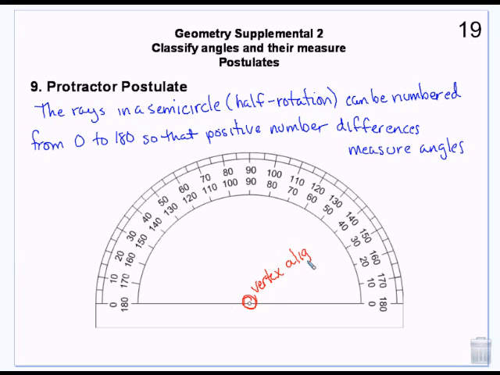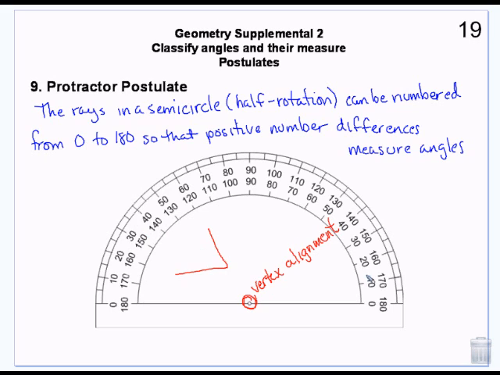You don't have to draw this if you don't want to. But if you look at any protractor, there's going to be a dot or a crosshair in the center of the bottom, where you place the vertex. If the angle opens this way, you're going to measure on the outside. So you'd measure from 0 to, well, this isn't lined up, so this one is probably like a 40-degree angle.